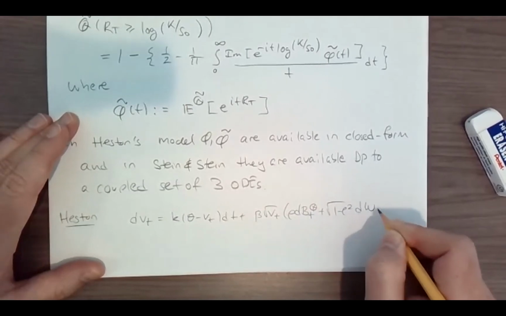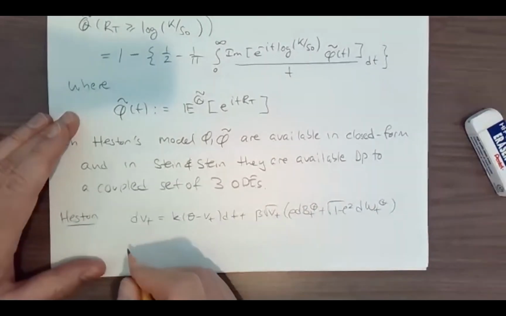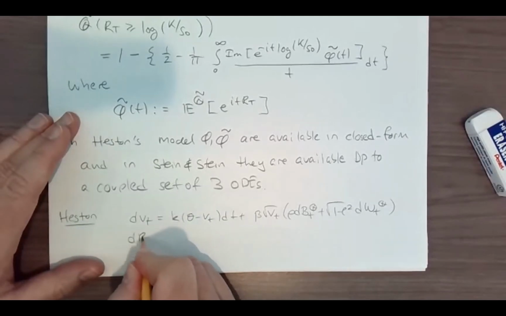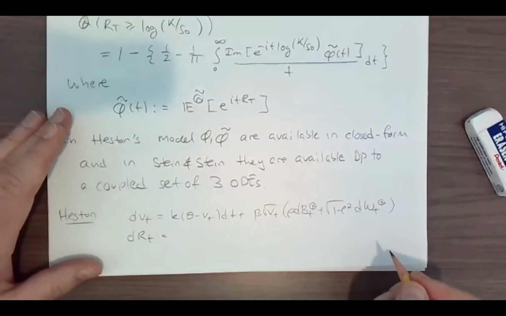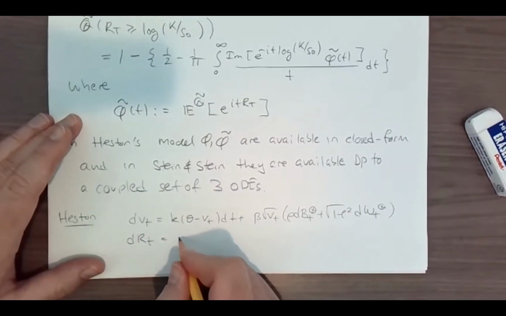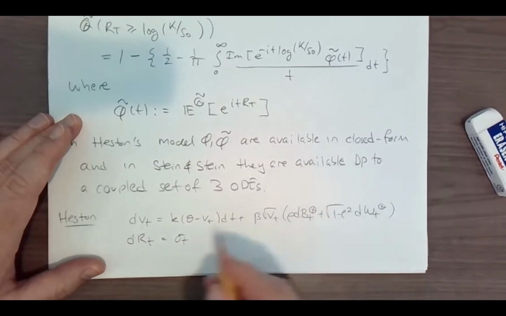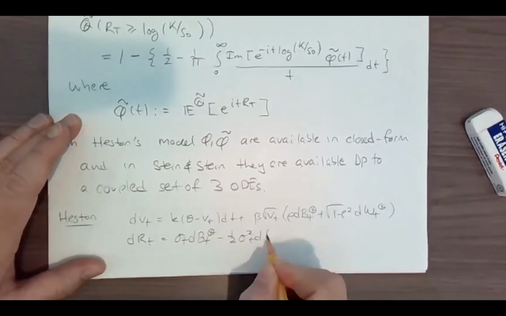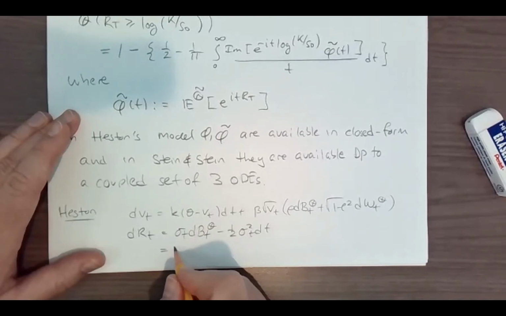We've had it a few times now. And then we have our dRt. This would be sigma t, and then that Brownian motion, minus 1/2 sigma squared. And sigma was the square root of Vt.